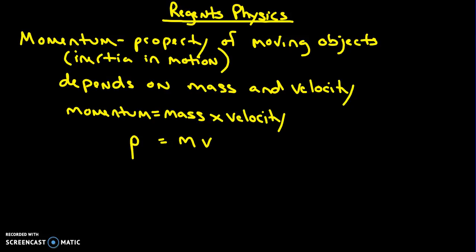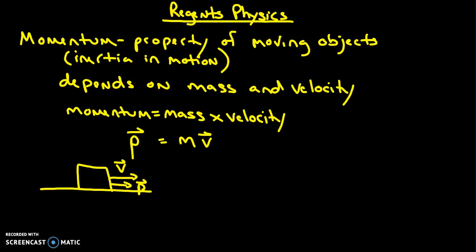And since velocity is a vector, and momentum is also a vector, the direction of that vector for momentum is the same as velocity. In other words, if we have a block that is moving in that way, so its velocity vector is in that direction, then its momentum vector is also in that direction.